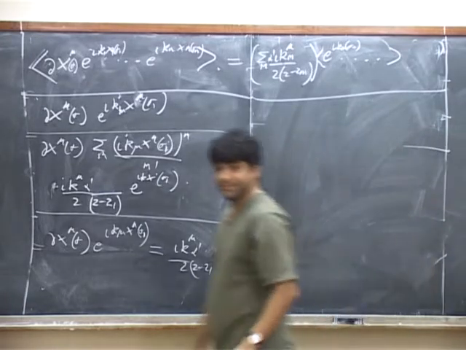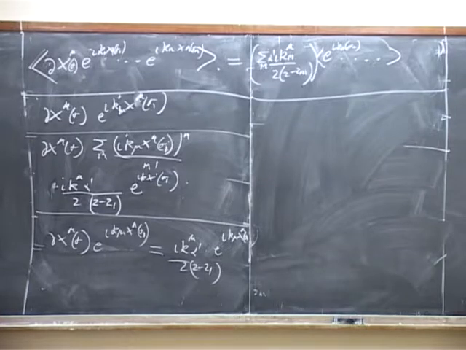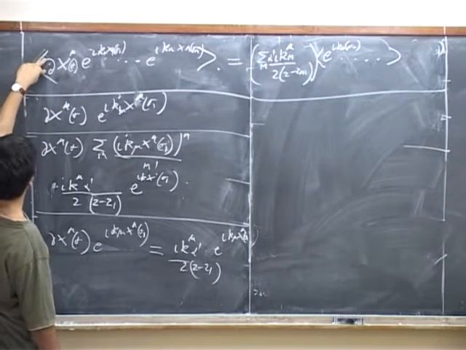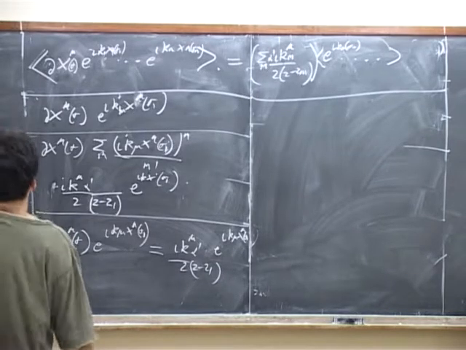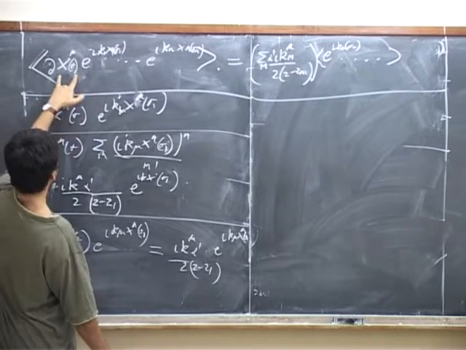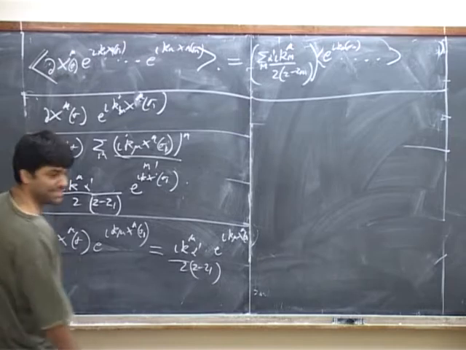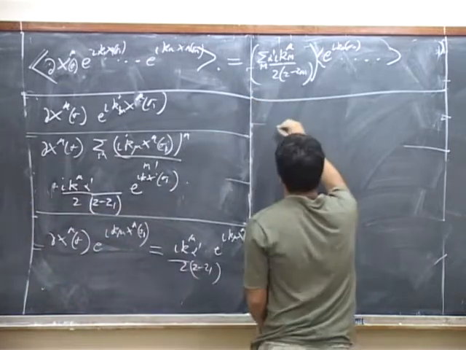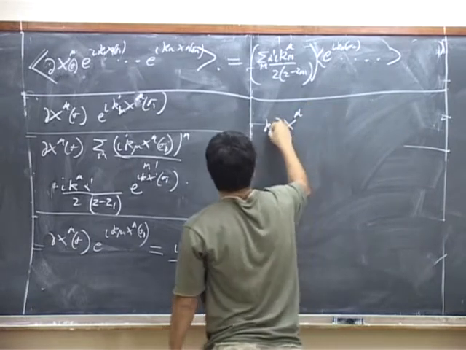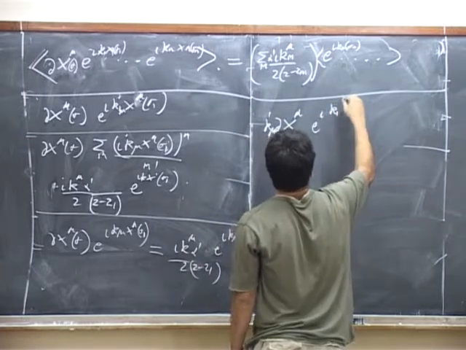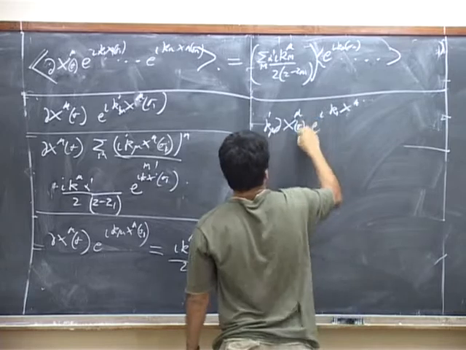The way I do that is to notice that if I take this object and multiply it by k, suppose I was interested in ∂x^μ k1_μ times e^{ik1 x}, at σ.